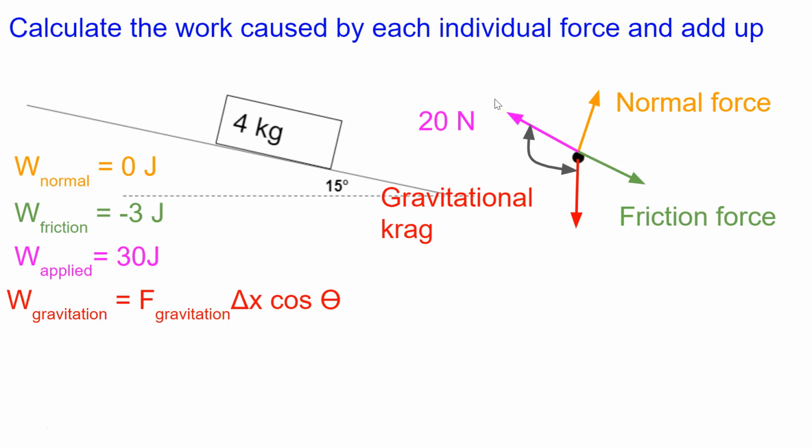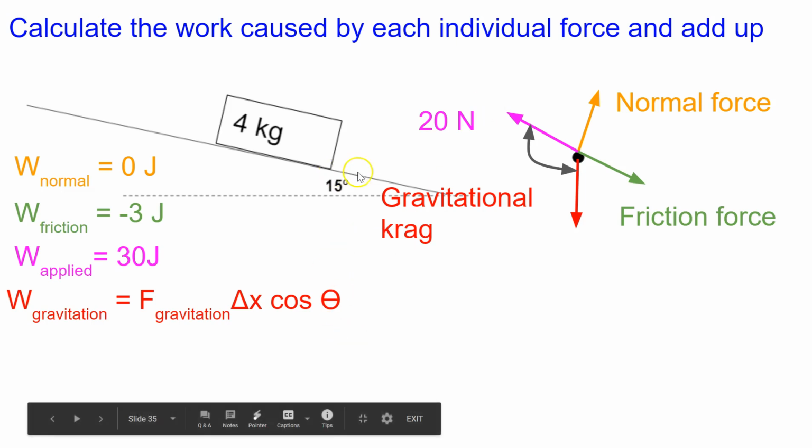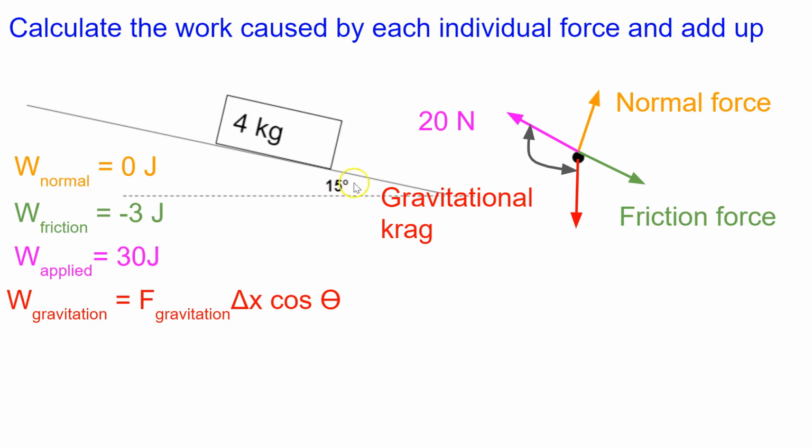So how do I get that angle? You can't just put in 15 there because it's the only angle that's on the sketch. That is not the angle that is used in this calculation. So how do I use this 15 that I have? Well, I know the angle between the horizontal and the incline is 15. So if I put a horizontal there, then I will know that this small angle over here is going to be 15.